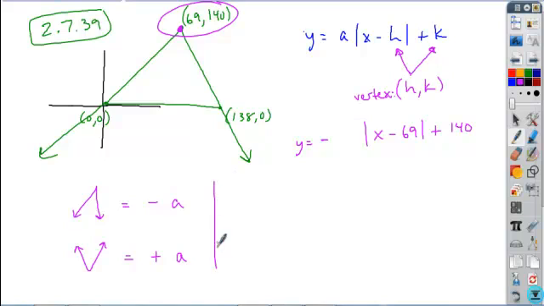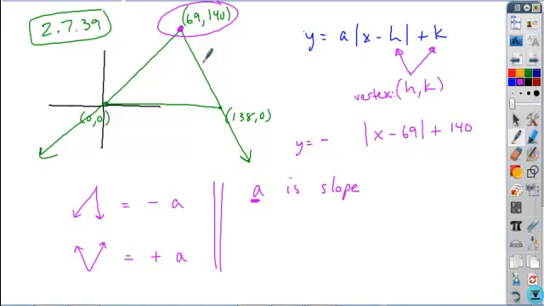The other thing that a does, besides the reflection, is the shrink stretch factor, which for absolute value and linear equations happens to be the slope. So a is the slope as well. The slope extends both up and down, so you don't even need to worry about the sign of the slope.